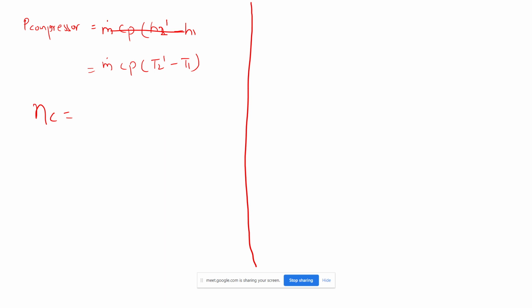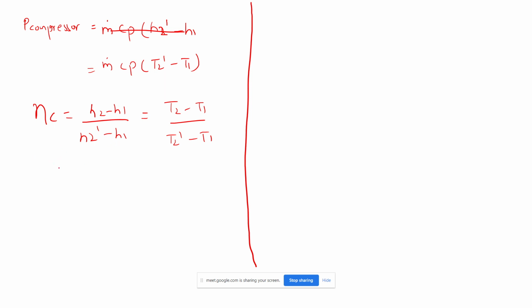What is the formula for it? H2 minus H1 upon H2 dash minus H1, equal to 0.8. We can write this as T2 minus T1 upon T2 dash minus T1, because m Cp will cancel out each other.